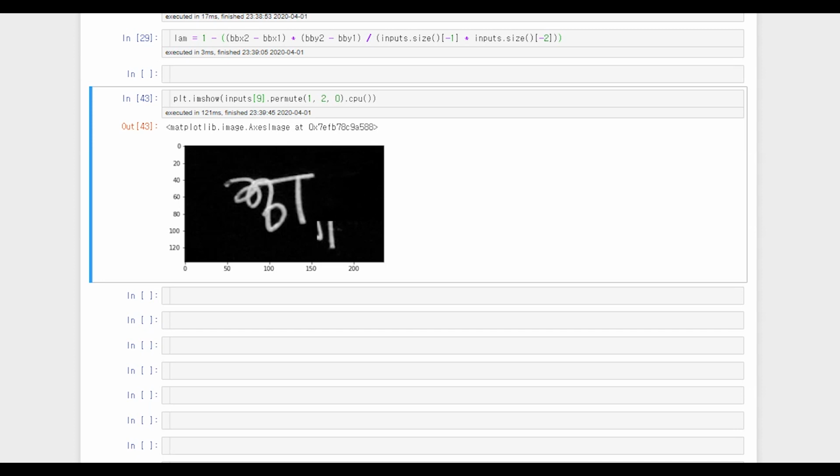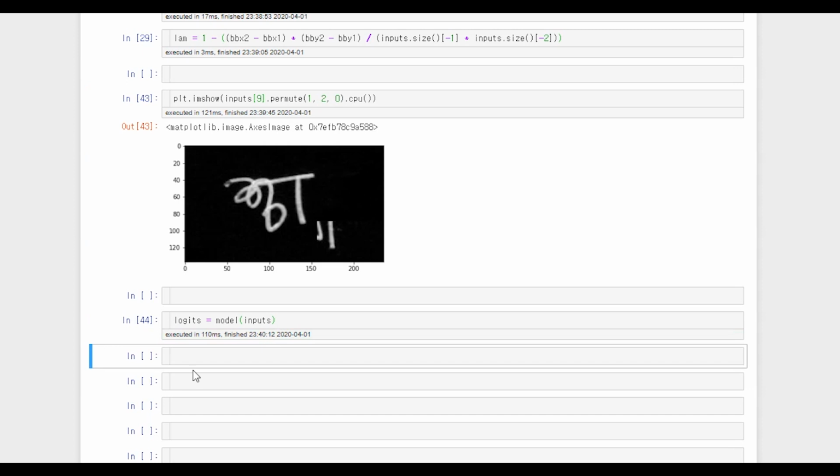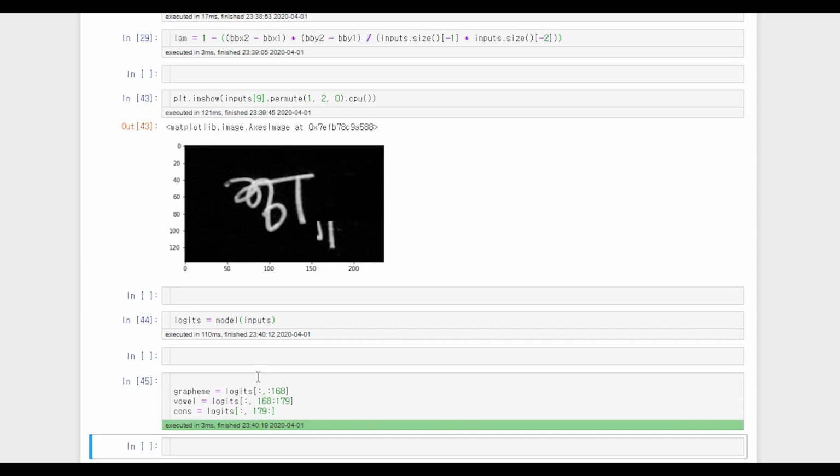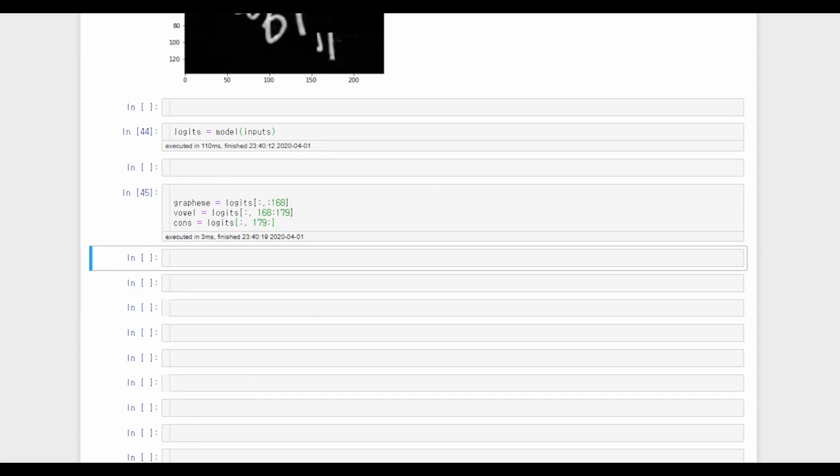Let's get the outputs by putting the input into the model. Like targets, let's separate the outputs into three parts. This is an important part.